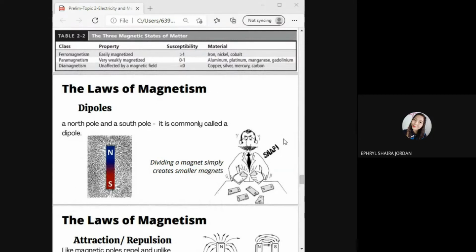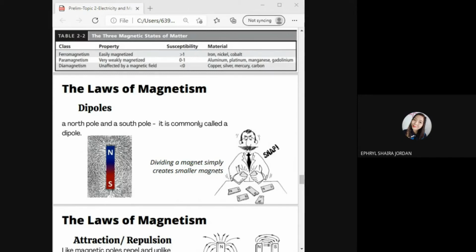Now let's discuss the laws of magnetism. The first law of magnetism is the dipoles. So unlike electricity, there is no smallest unit of magnetism. Diba? Like sa electricity, the smallest unit would be electrons.